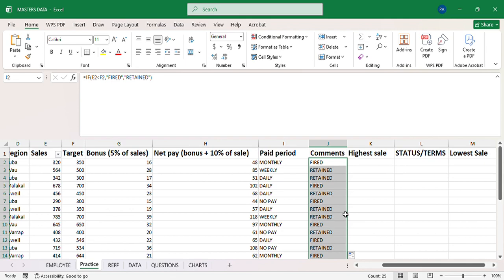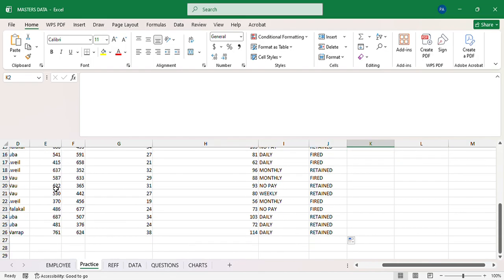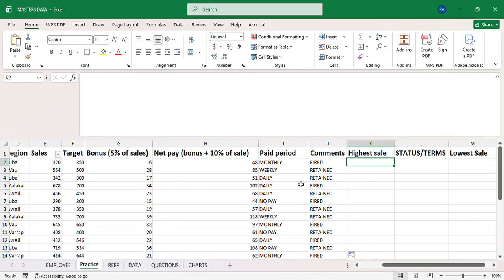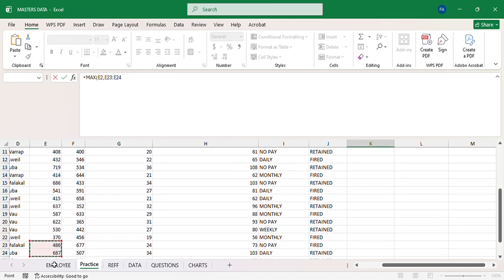Next, we want to know what is the highest sale out of the sales that have been done here. What is the highest sale? You don't just need to scroll manually. We are going to say equal, highest sale, we are going to use MAX of this, comma, then you highlight the entire column.